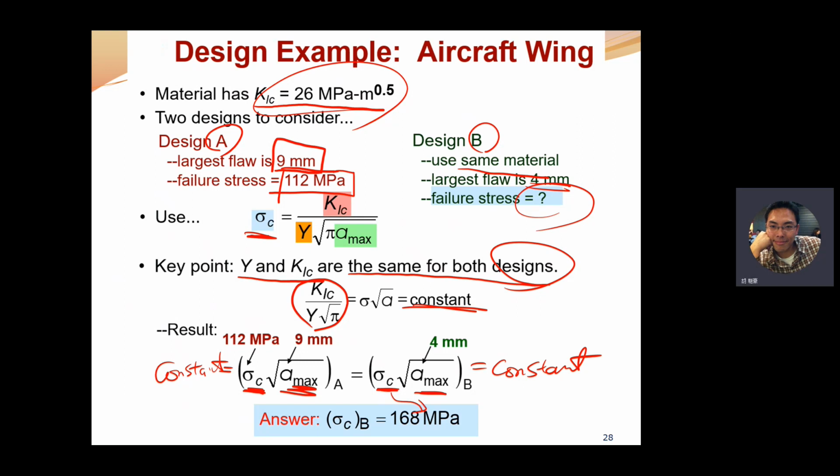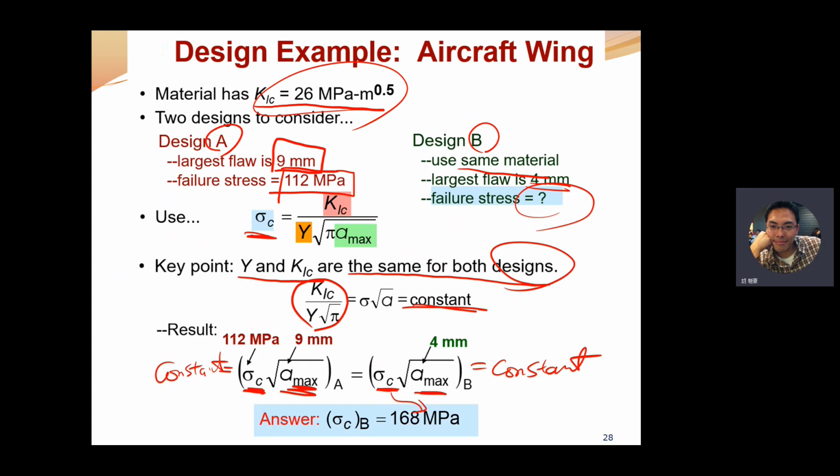If we allow the largest flaw size of the wing to be about 4 millimeter, the stress to cause it to fail is about 170 megapascal. So if I have a smaller flaw size, that means a higher failure stress.